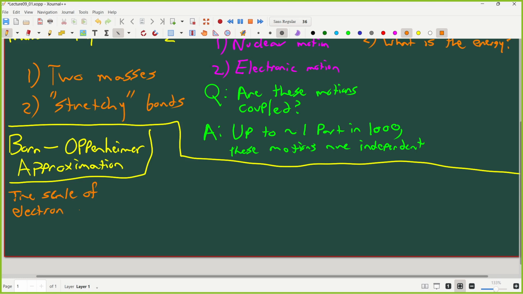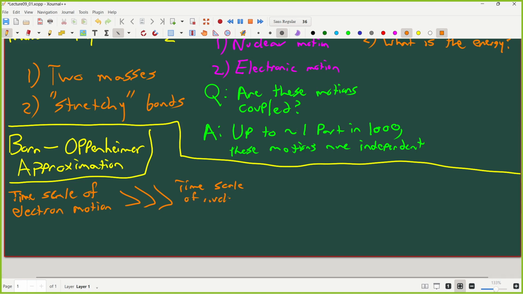What I mean by time scale is, if you've moved your bond, how long does it take for the electrons to relax versus the nuclei? So the time scale of the electron motion is much, much faster than the time scale of nuclear motion. So what do I mean by that?